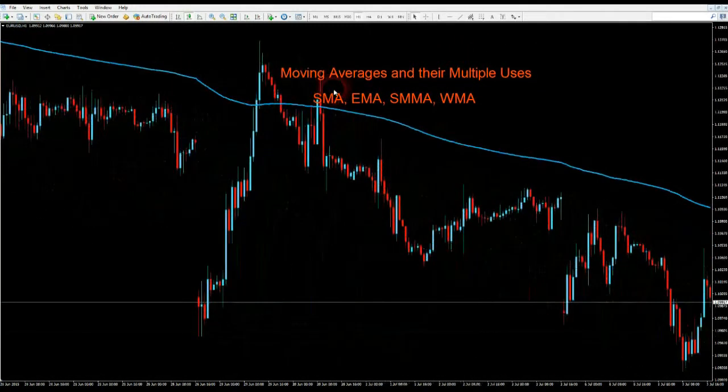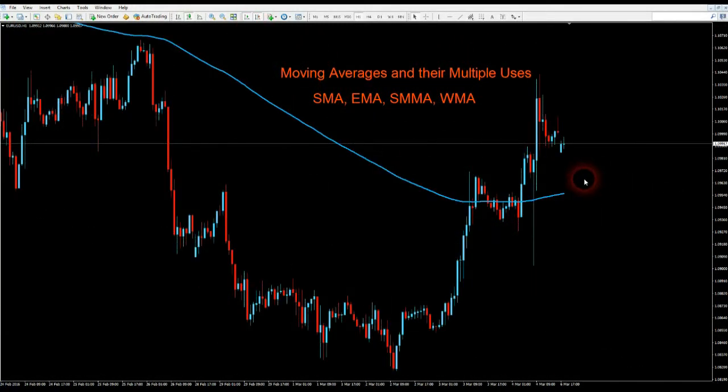The EMA relies on and puts most weight on recent price. Recent candles are what it weighs more on. So the data it plots here is based most on recent price.